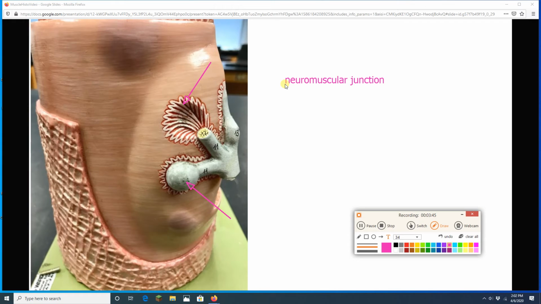Now, the neuron, the axon terminal, is going to release the neurotransmitter acetylcholine. Acetylcholine is then going to bind to the nicotinic cholinergic receptors, which are going to be on the motor end plate.